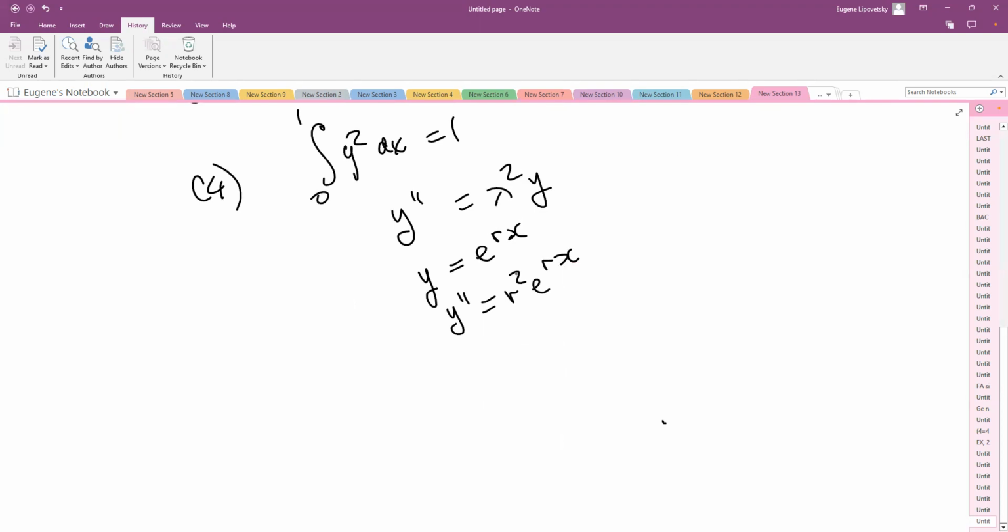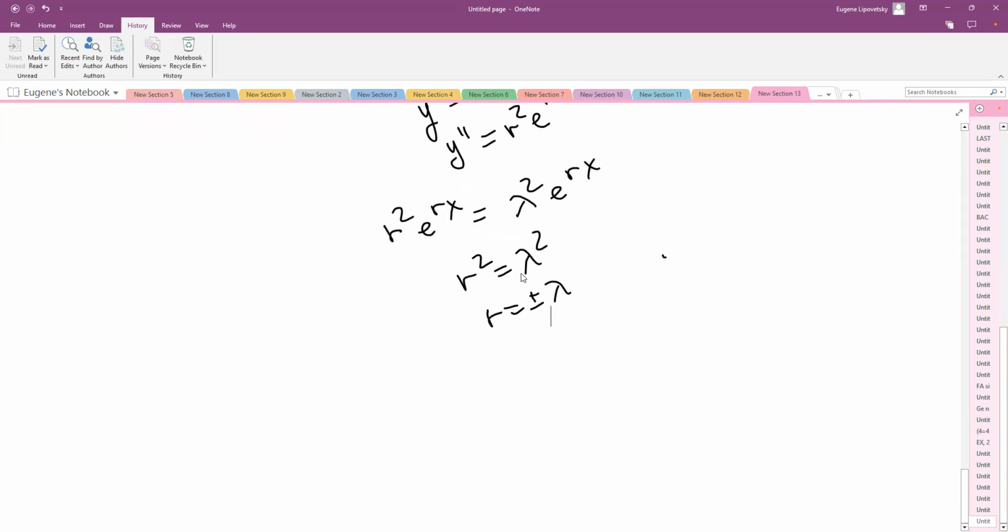So we'll have r squared e to the rx equals lambda squared e to the rx, all right? So r squared equals lambda squared. r equals plus minus lambda, but lambda is a function of x, all right? So the result is that y equals a e to the lambda x, that's correct, plus b e to the minus lambda x, but lambda is a function of x, all right?